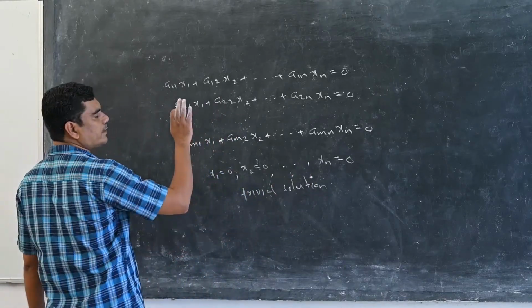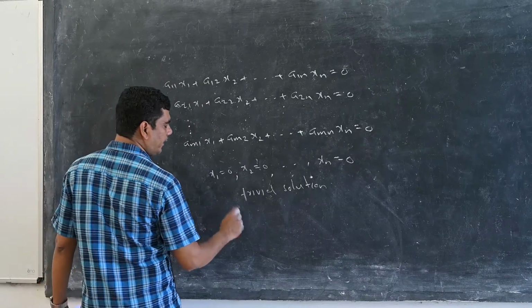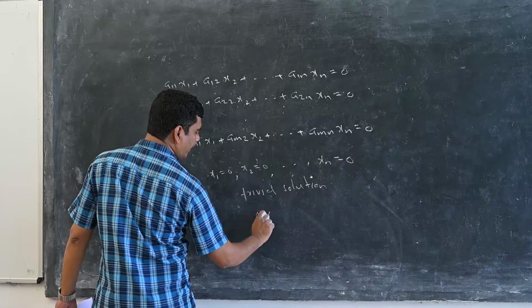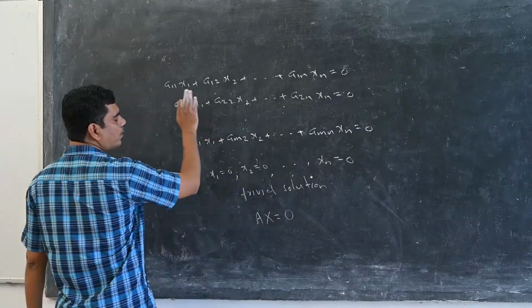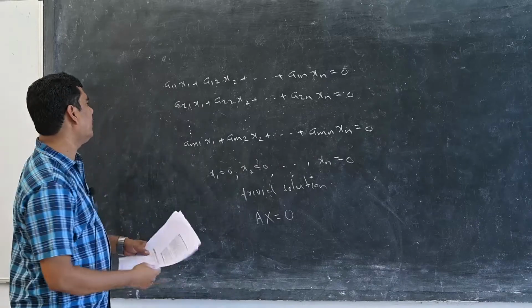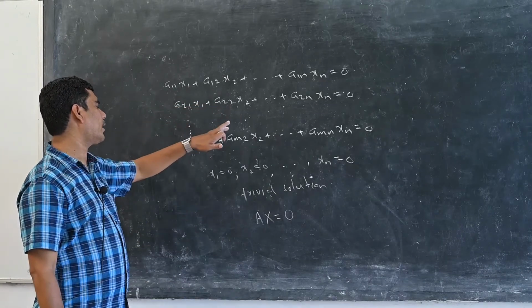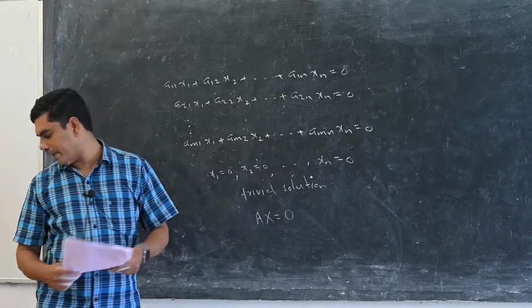Now this homogeneous system can be written in the matrix form as Ax is equal to 0. A is the coefficient matrix: a11, a12, etc. a1n, a21, a22, etc. a2n, etc., am1, am2, etc. amn.